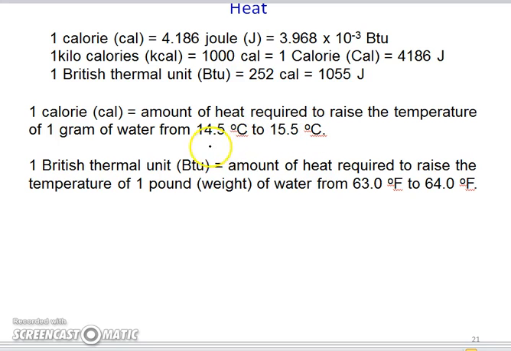Or 1 British thermal unit is the amount of heat required to raise the temperature of 1 pound, which is weight, while 1 gram is mass, of water from 63.0 degrees Fahrenheit to 64 degrees Fahrenheit. All right.